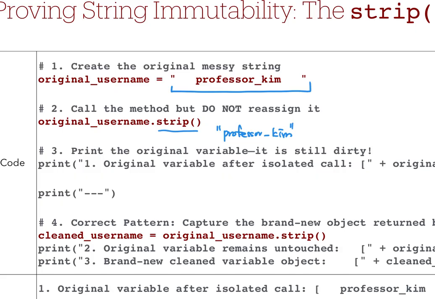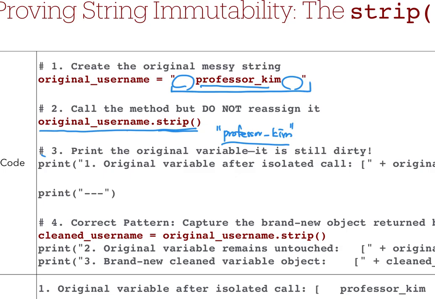And then, when this line generates this Professor underscore Kim, there is no assignment. So this Professor underscore Kim will be created for a second, and then when the Python interpreter goes to the next line, that information will be erased from the memory. That means you lose that information. The original variable, the original username, is still Professor Kim with some spaces in the beginning and at the end.